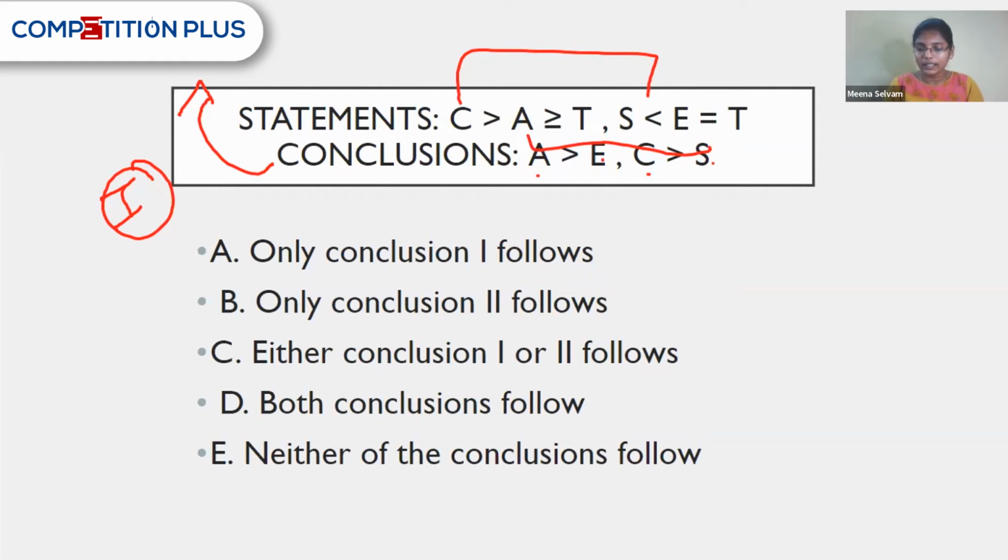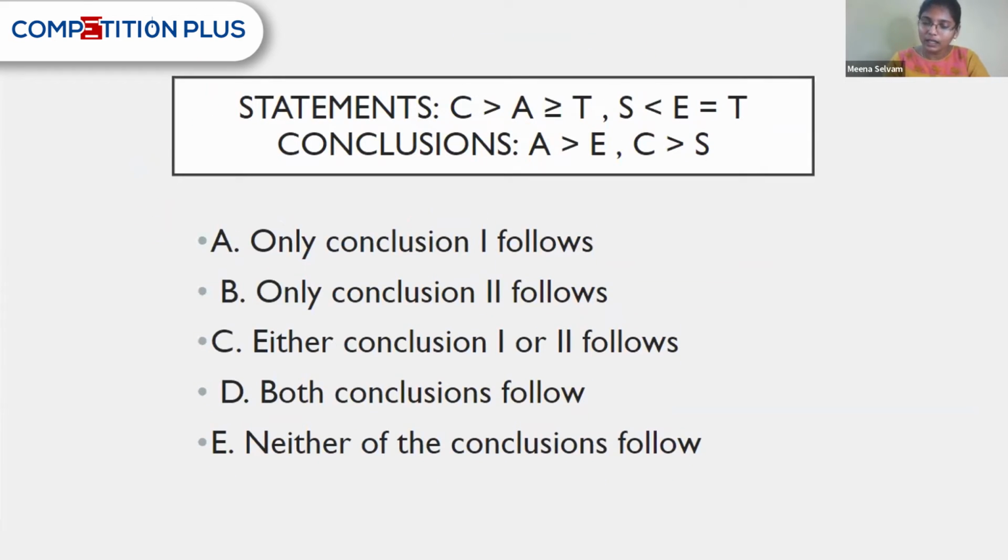So what is the next step you have to do? Combine your statements. You have to find out the common term between each statement and then combine your statements. Okay, now look at which is a common letter. You have the letter T as common. So your statement combined will be C greater than A greater than or equal to T, and you have T in statement 2.